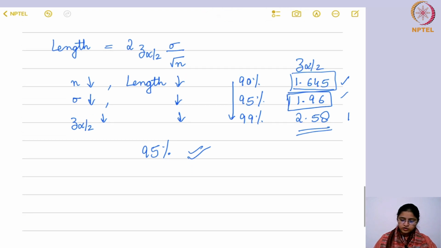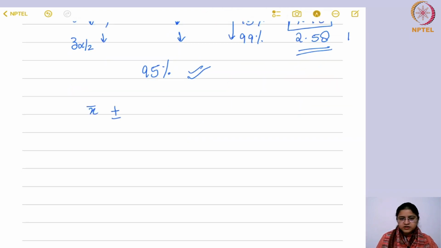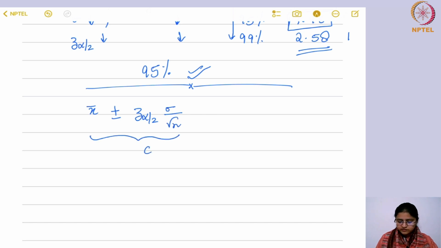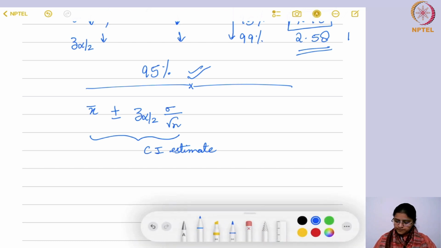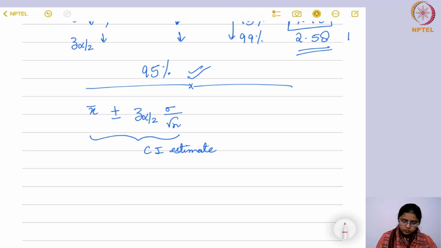Now further, if we look at this, x bar plus minus z alpha by 2 sigma by root n, this entire thing is your confidence interval estimate. Now what is this x bar? This is just your point estimate in this case, right?